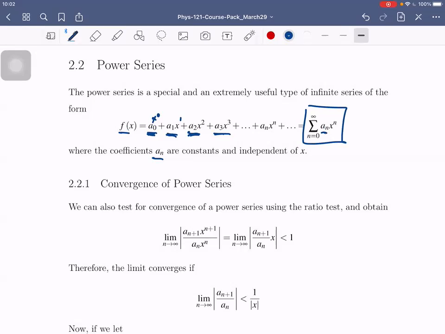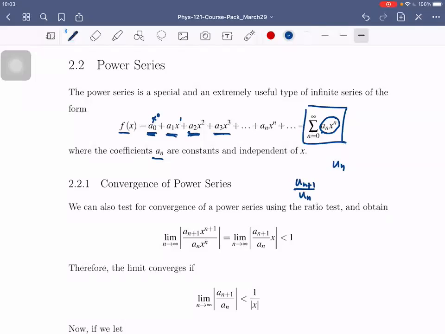Yung mga dati kasi ginamit natin are just for numbers. Now we have a function na, or let's say polynomial. So generally, basta you can express this as u sub n eh. So yung magiging ratio test mo is u sub n plus 1 over u sub n. So ganun lang gagawin mo.